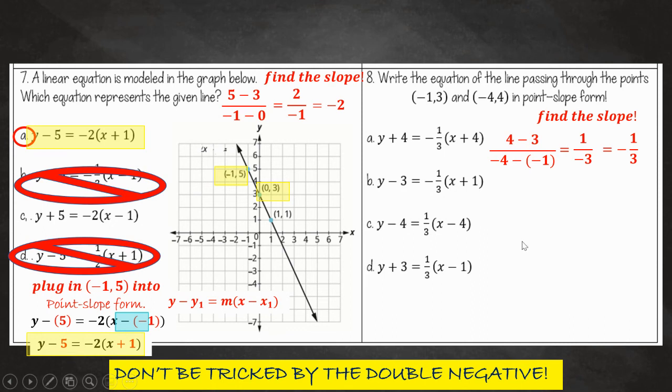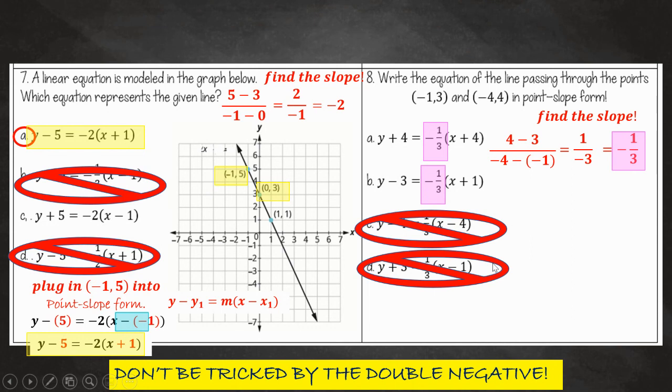Again, now that I've found my slope, I'm going to eliminate any possible wrong answers. So I notice that A and B both have the correct slope, so I can eliminate C and D. And now I'm going to plug in -1, 3 into my point slope form. And I've chosen -1, 3 just because I noticed that here they have both options, so I'm going to use the first point first.